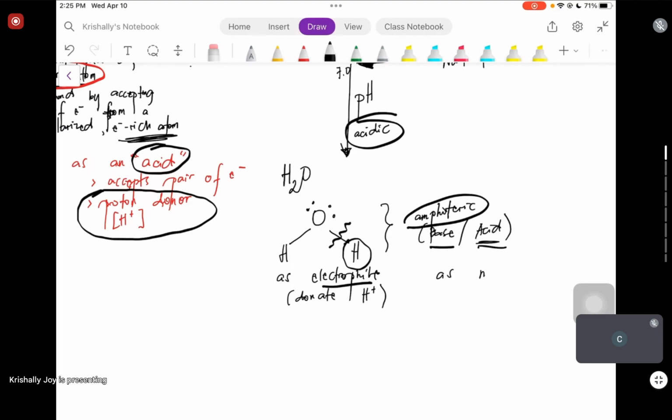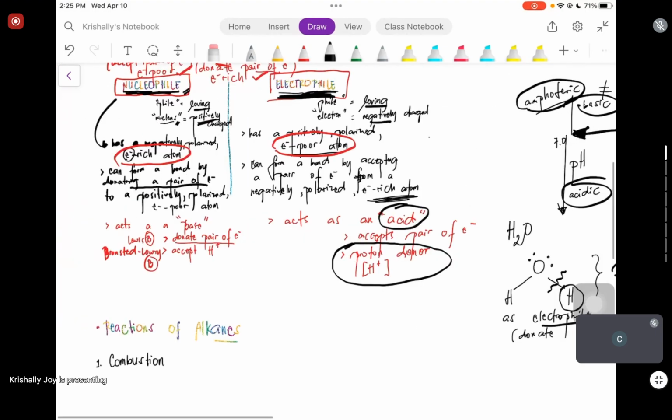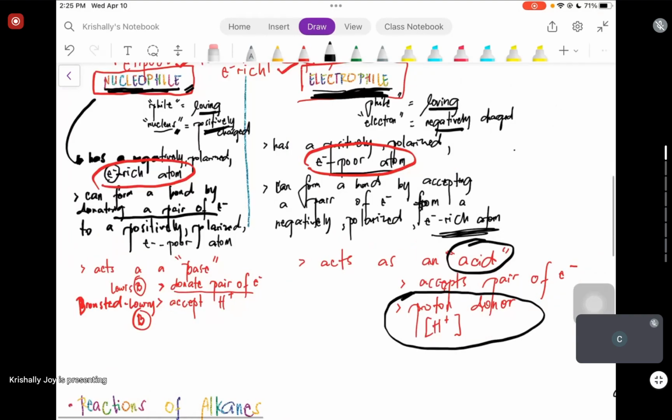When does it act as a nucleophile? Nucleophile siya if it donates a pair of electrons. Balik ulit sa definition ng nucleophile. Ang nucleophile is able to donate pair of electrons.